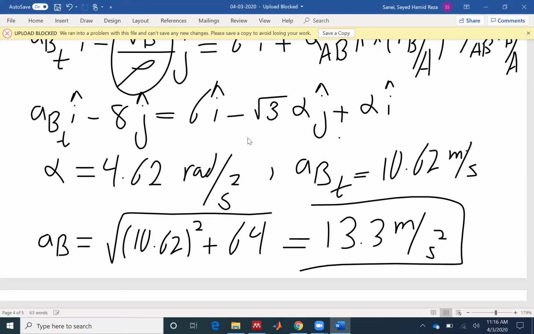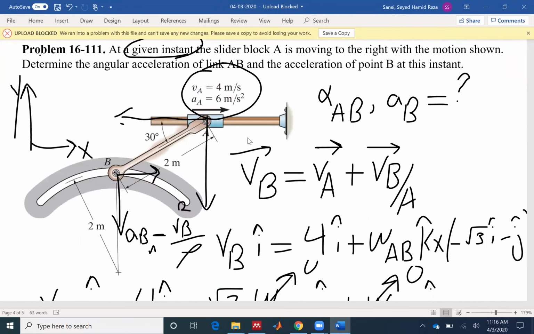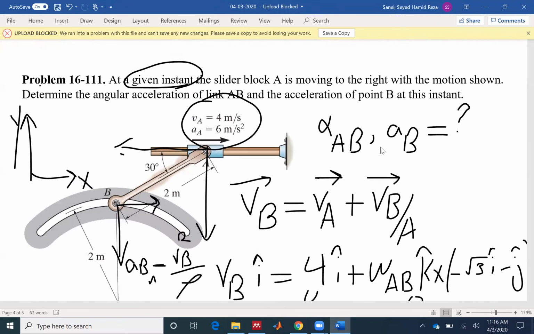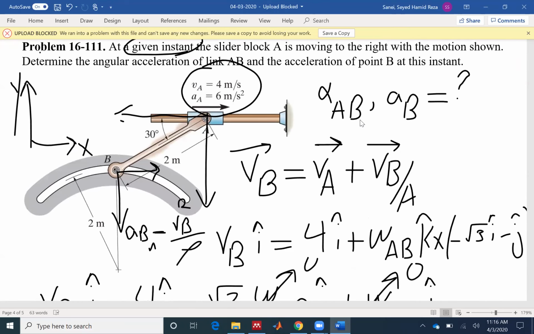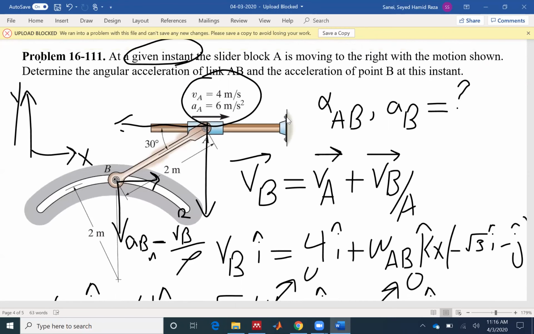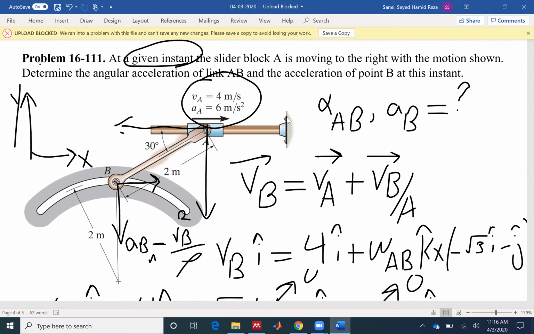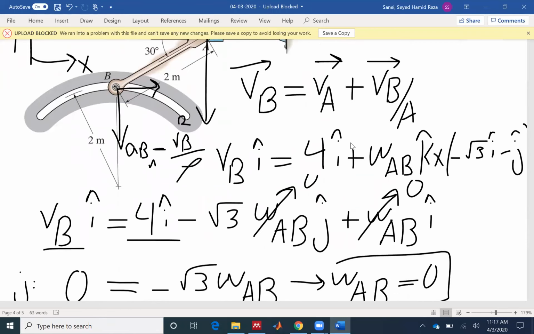So for this problem, while the problem was not asking for the velocity of B or omega AB, I need those values to find the relative acceleration equation. So when you are solving such problems, you need to pay attention to whether the problem has given you any information about omega AB and VB. If it's given, then you don't need to do it. But if it's not given, you have to do it, even though the problem is not asking for it directly.